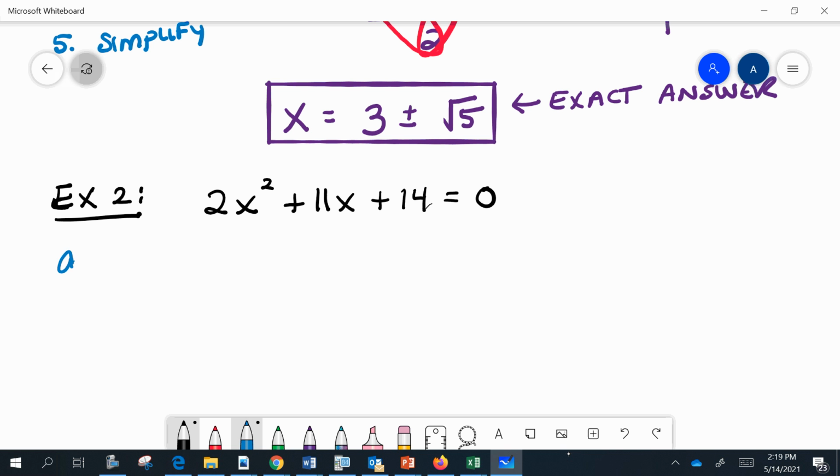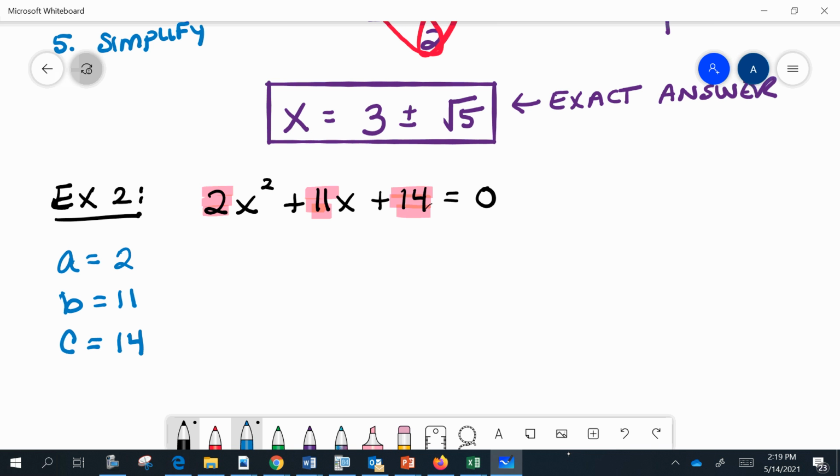So what I'm going to do is I'm going to identify the a value. Now the a value is the number in front of x squared. The b value is the number in front of x, and the c value is this constant. So a is going to be 2. The b value is equal to 11, and the c value is equal to 14.